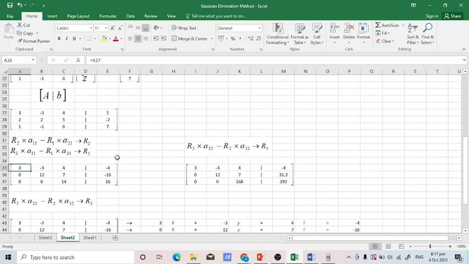Ito yung error. Natuklasan ko na. Diba? A27. Ito yon. Enter. B27. Enter. C27. Enter.